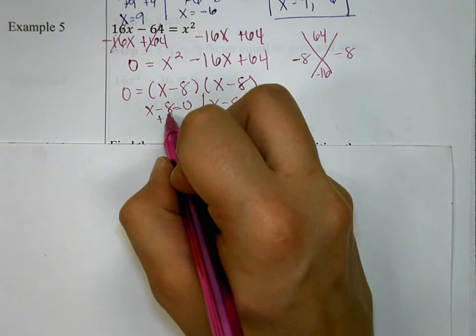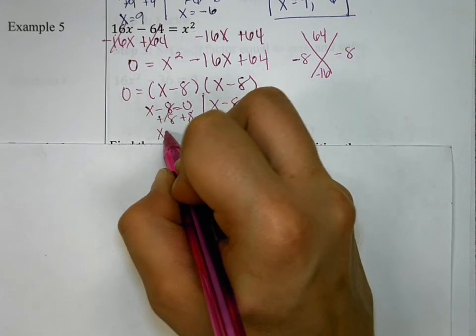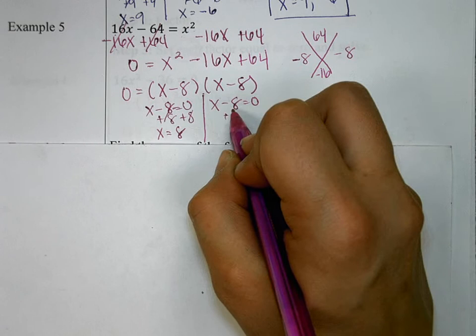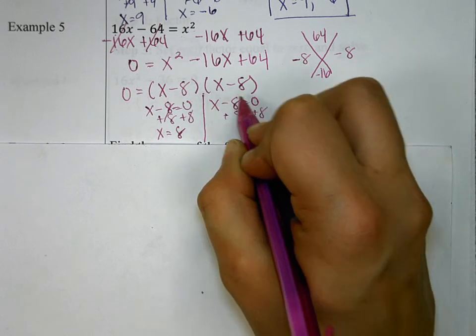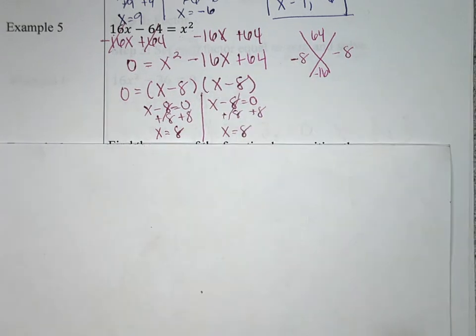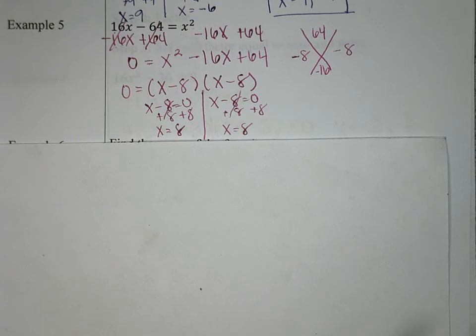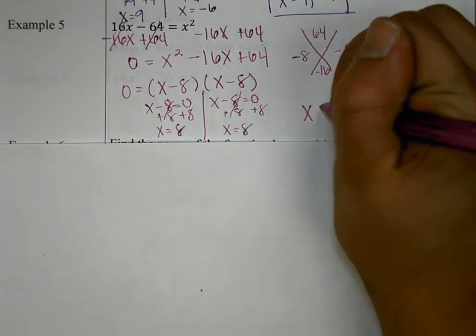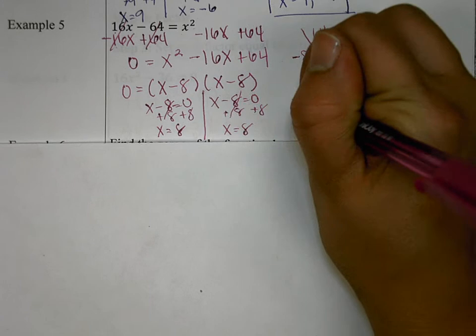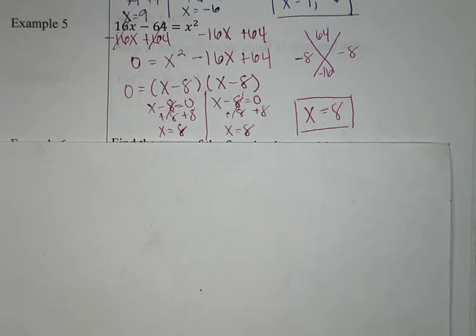And I'm noticing that I'm going to get x equals 8 for both of them. So because I got the same answer for each one, there's actually only one answer to this problem, and it's x equals 8. So we only have to write it one time. We don't have to write it multiple times.